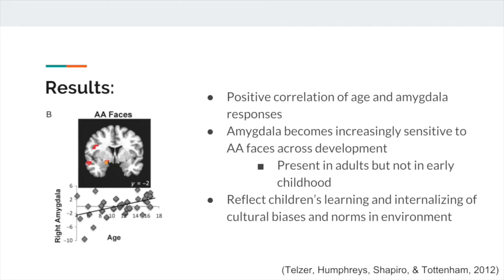This indicates that amygdala responsivity to race results from developmental processes in which the amygdala acquires emotional knowledge and becomes more sensitive through experiences. Telzer also suggests that children internalize cultural biases and norms in their environment across development, and that this heightened amygdala response may reflect learned cultural knowledge such as implicit and explicit stereotypes.